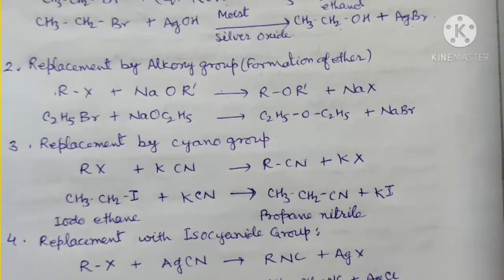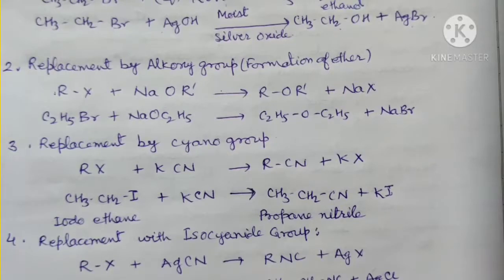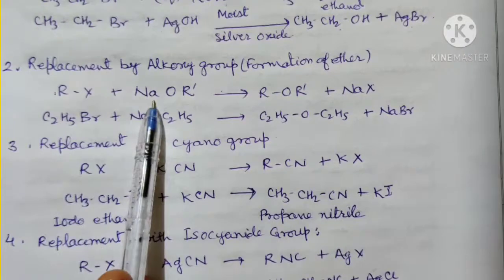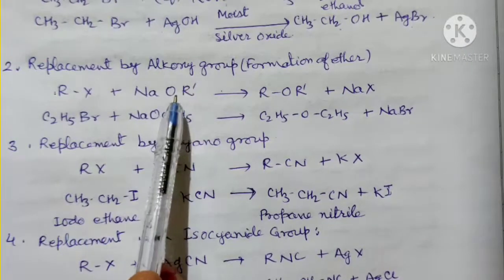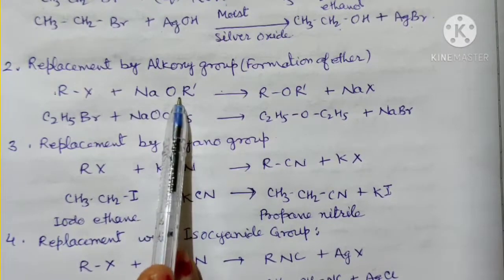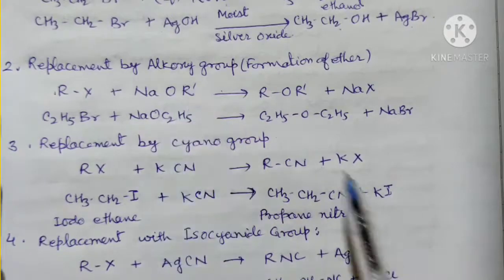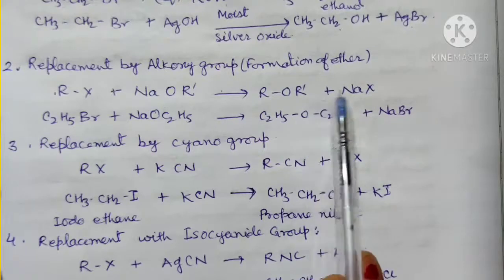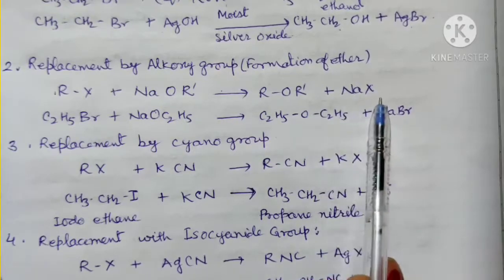In Williamson synthesis, haloalkanes on treatment with alcoholic sodium or potassium alkoxide form ethers. So haloalkane reacts with sodium alkoxide, a salt of alcohol, and forms the ether R-O-R', named alkoxy alkane, and then sodium halide.